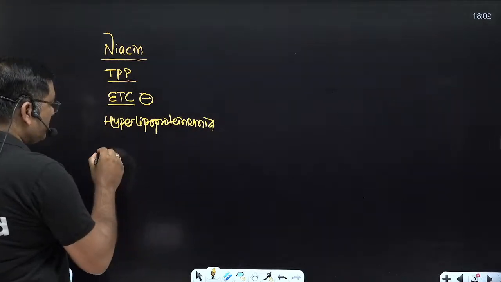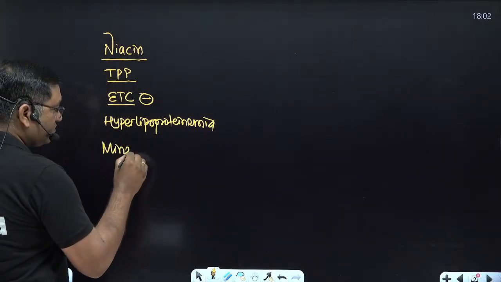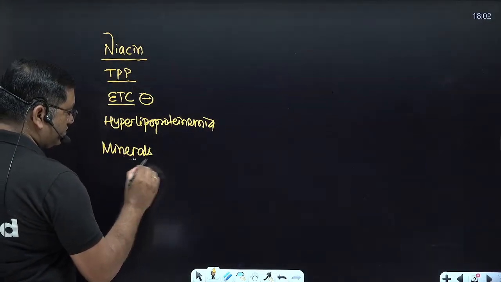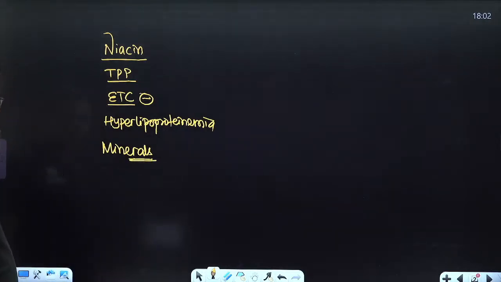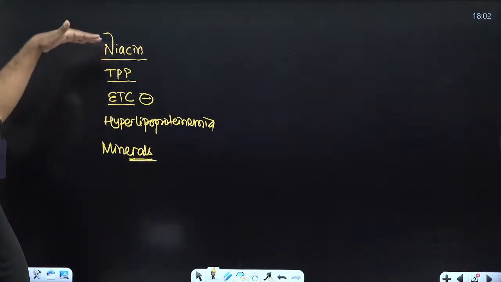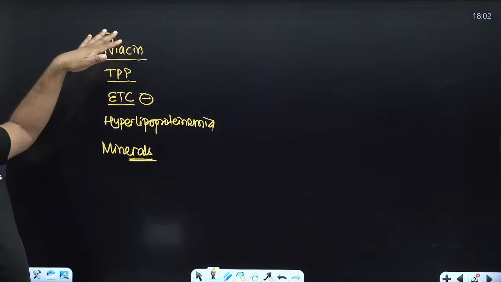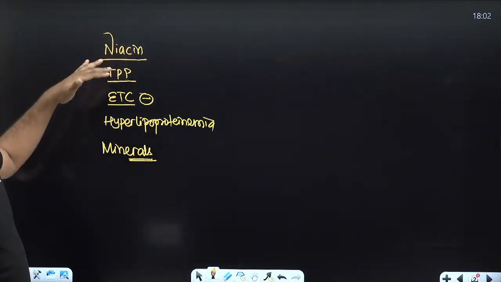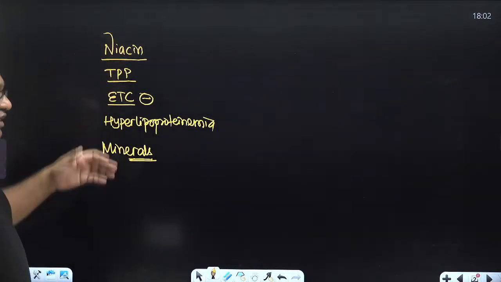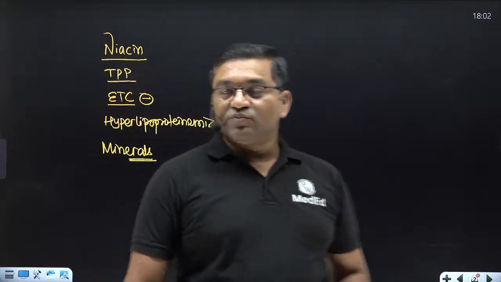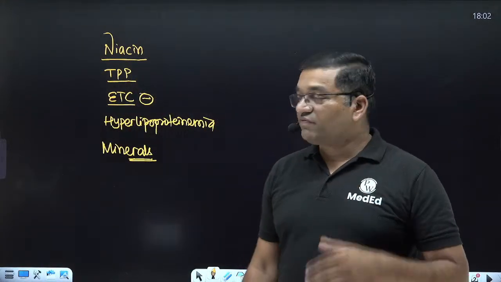Then some important minerals we'll discuss. Niacin is a frequently asked topic, thiamine pyrophosphate is a frequently asked topic. Then inhibitors and uncouplers of electron transport chain, some basic questions that are frequently asked.